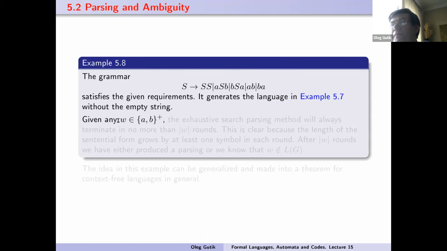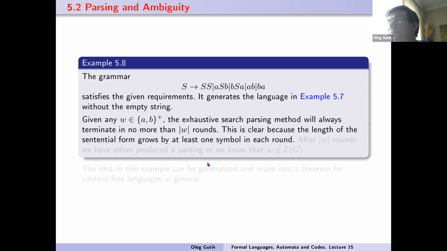Given any word W from the alphabet {a, b} with positive length, the exhaustive search parsing method will always terminate in no more than the length of the word W rounds.